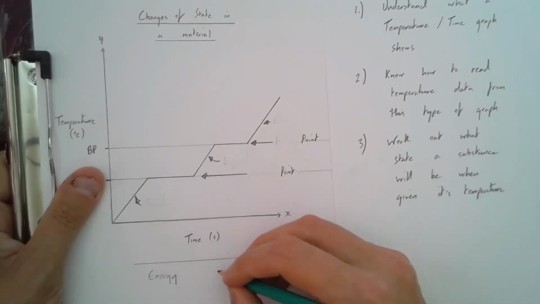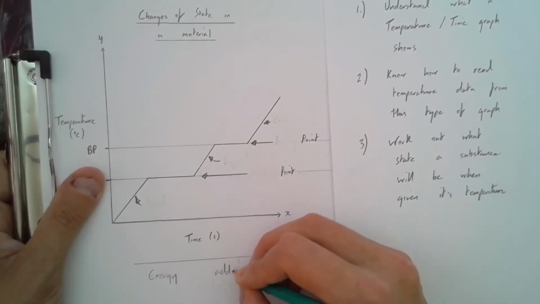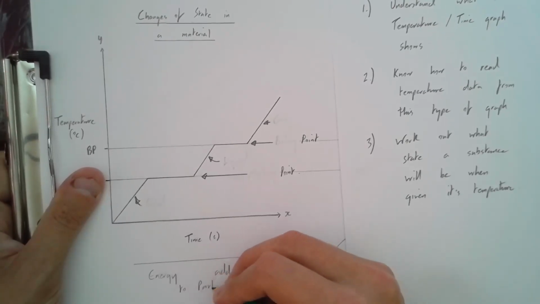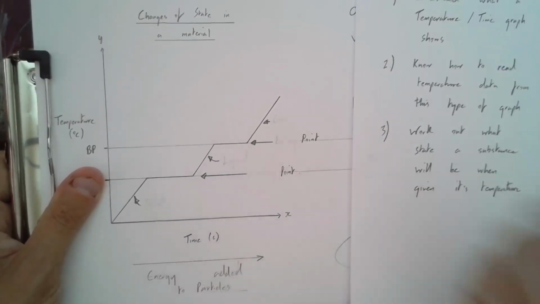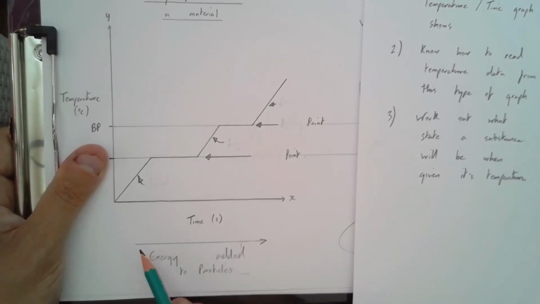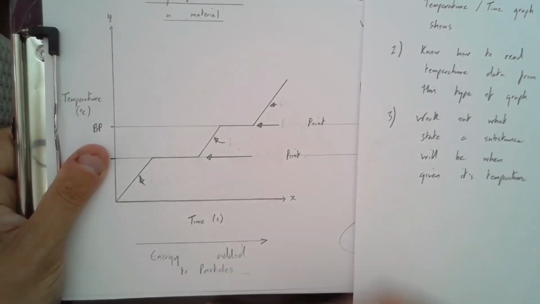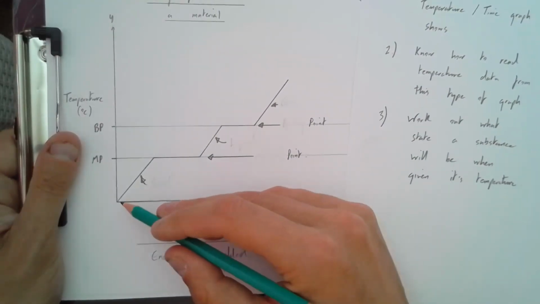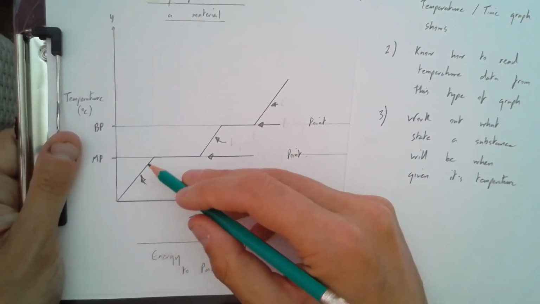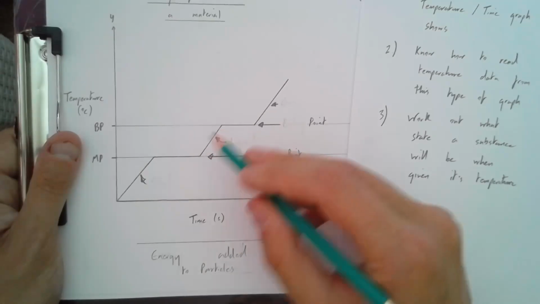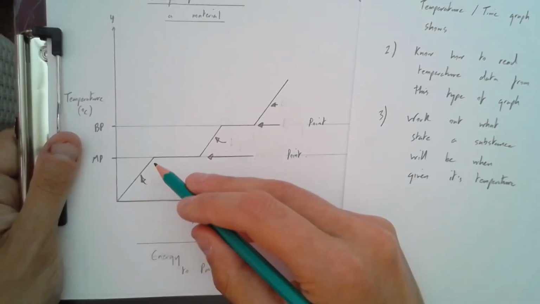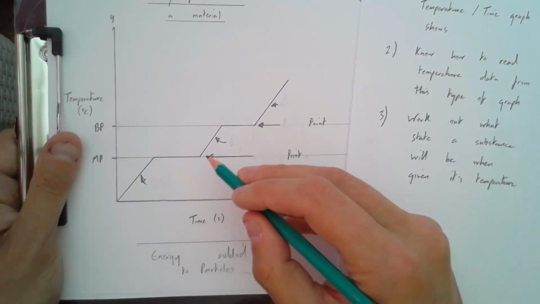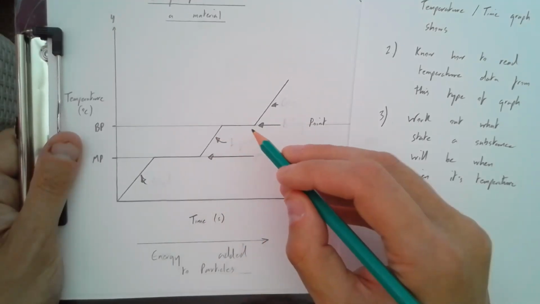Energy is being added to the particles in that substance over time. This is causing that temperature increase, and this is causing this line on the graph to increase. And you can see there are times when it steadily increases, then goes flat whilst energy is still being added to it, then increases and goes flat again.